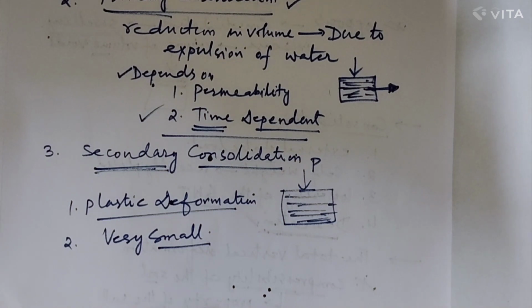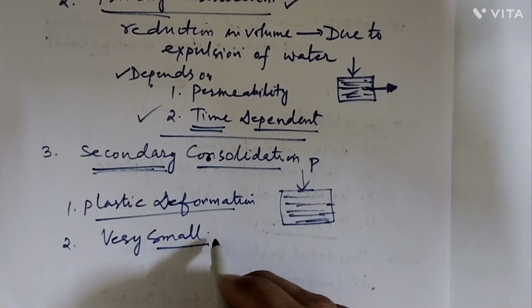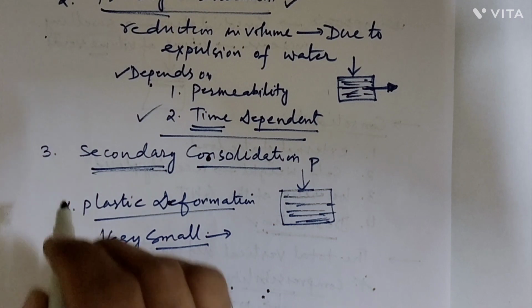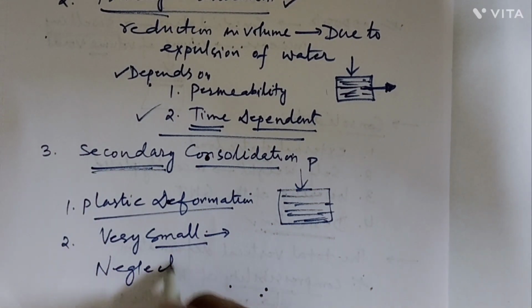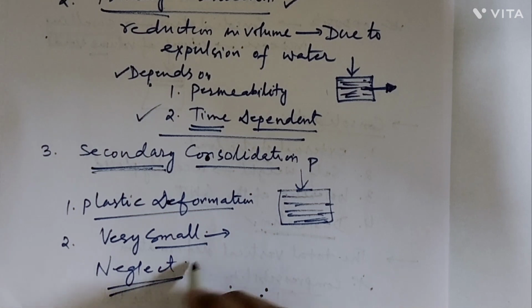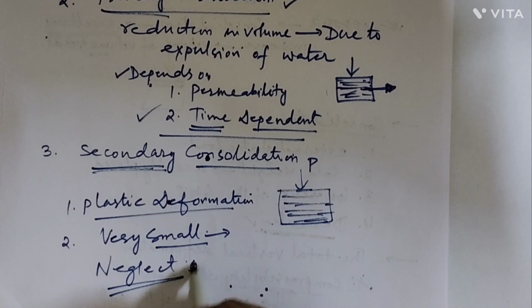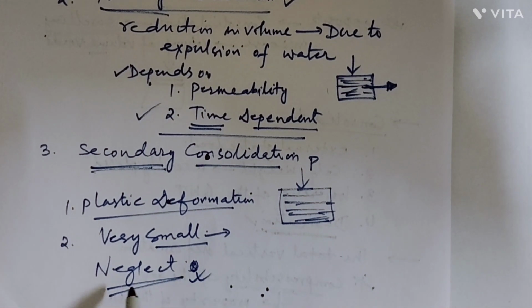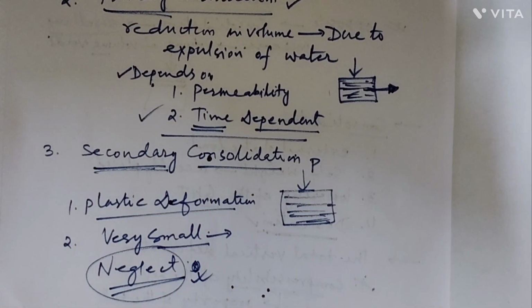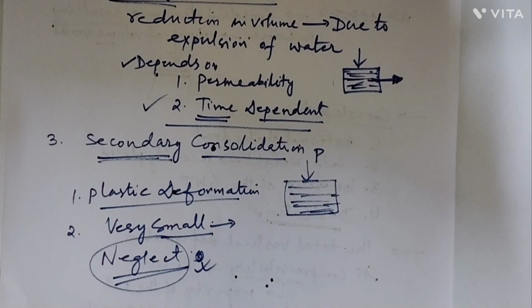So commonly we neglect this secondary consolidation for all calculations. Since it is very small, we may neglect it. As compared to immediate settlement and primary consolidation, this value is neglected.